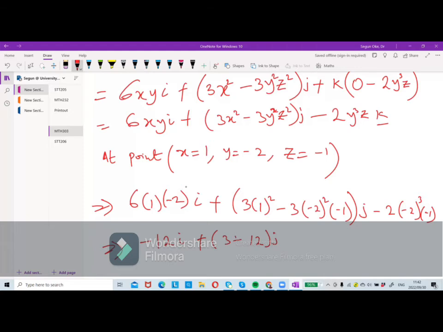Then for the k term, minus 8 times minus 1 is plus 8, times 2 is 16, so minus 16.